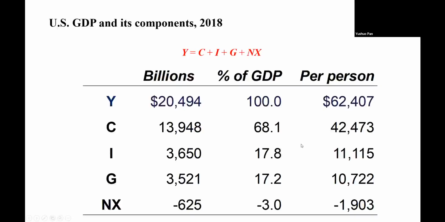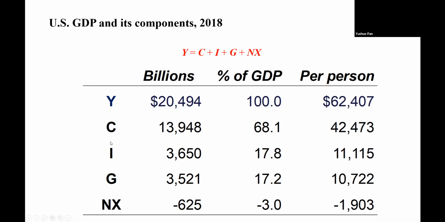So the US GDP and its components in 2018. Again, this expression is important: Y equals C plus I (investment) plus G (government purchases) plus net export. So in 2018, the total GDP was $20,500.